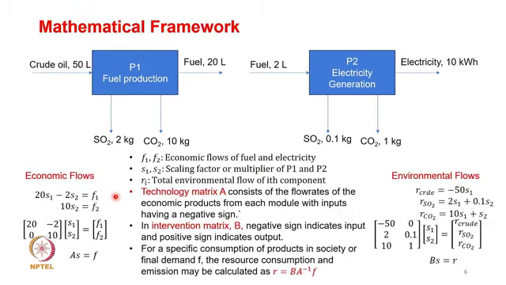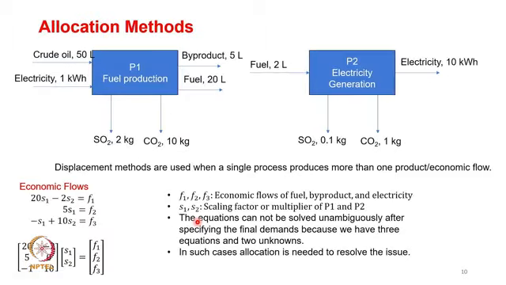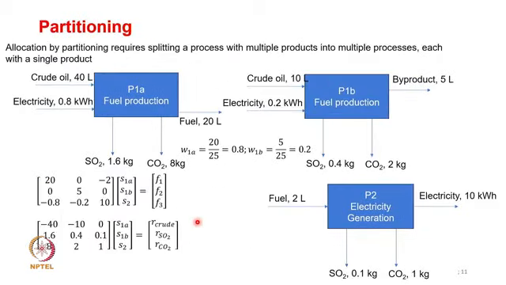So let's see, typically the economic flow and the environmental flow, which I am talking about, are in the technology matrix and the intervention matrix. So let's write the intervention matrix at this moment. You can see that 40 minus 10, both of them are input, emissions are outside 1.6, okay, 0.4, 0.1.